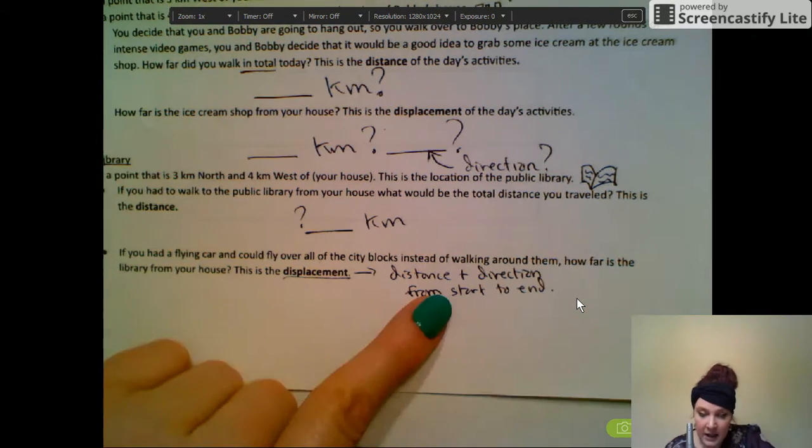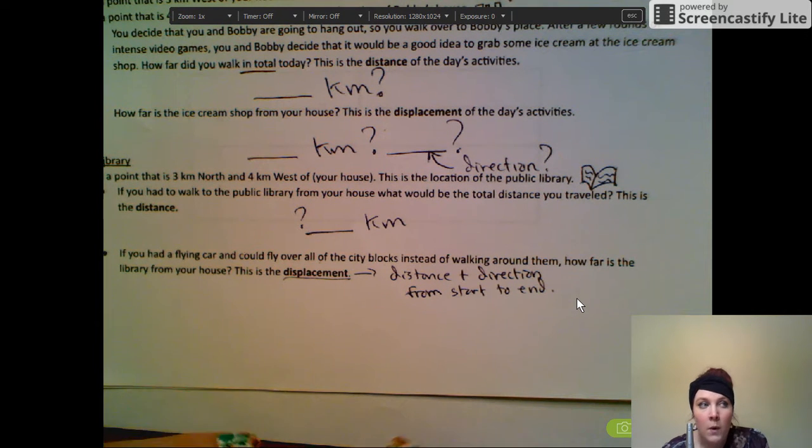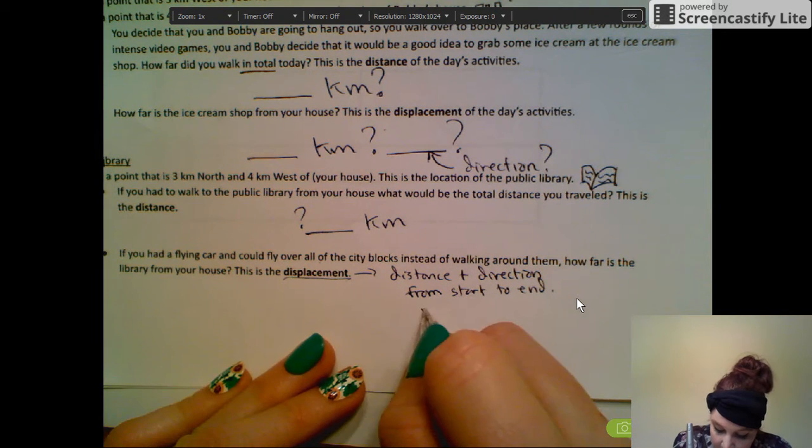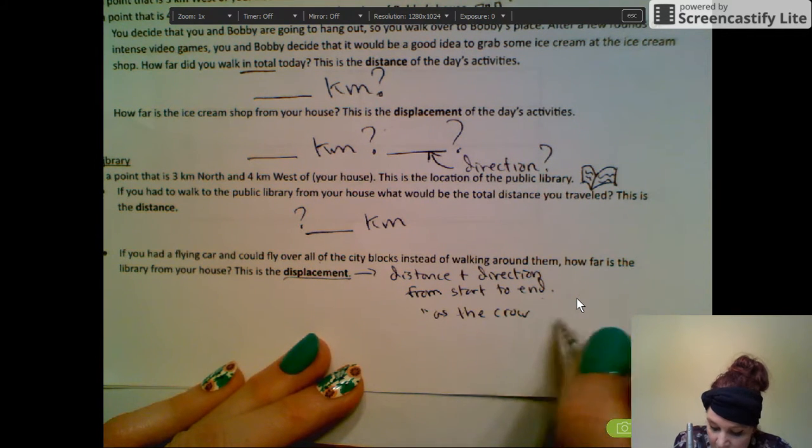And I like to call it as the crow flies, or like in a flying car, meaning you go around all of those city blocks, you fly over everything, you cut the corners. So I'm going to put as the crow flies. That's my expression that I use.